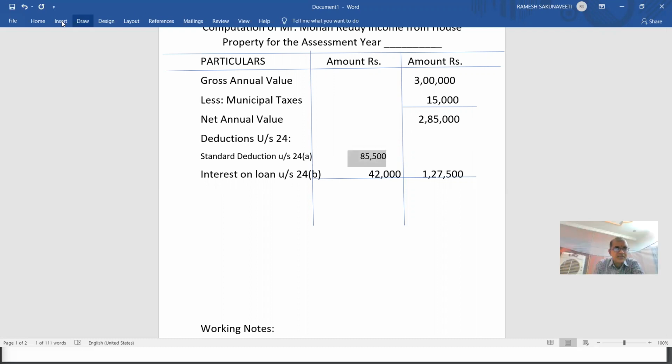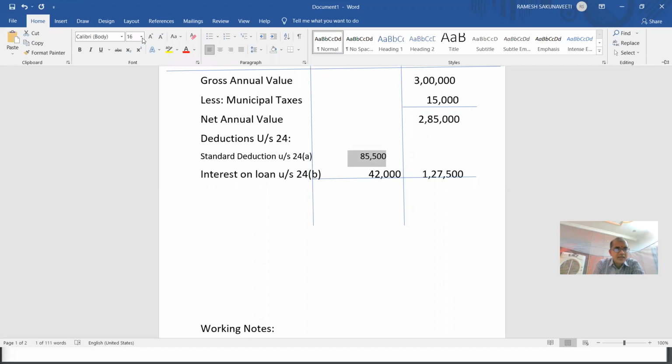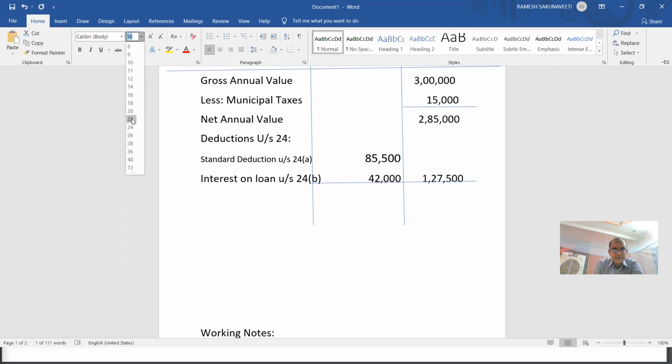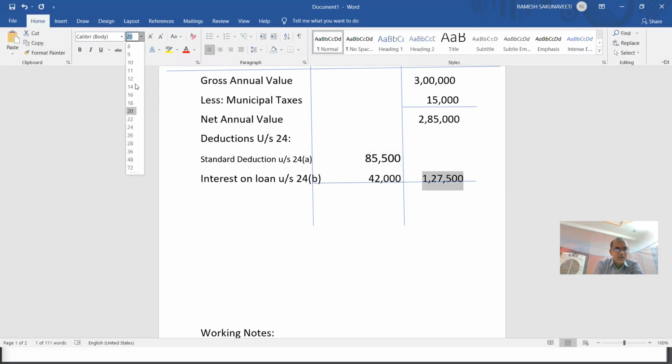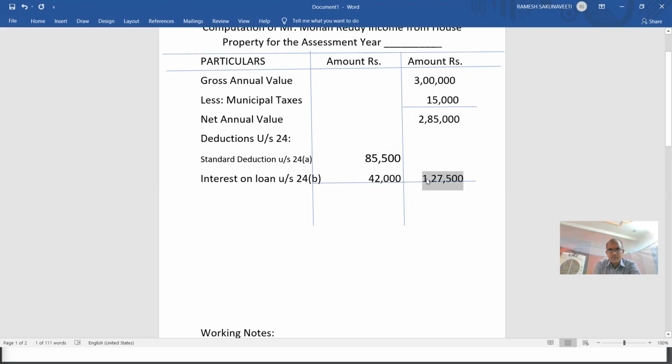Just a minute, I am increasing the font size so that it will be visible for you clearly. You are going to use cell phones, no? It will be very, very small, so numbers should be clearly visible.